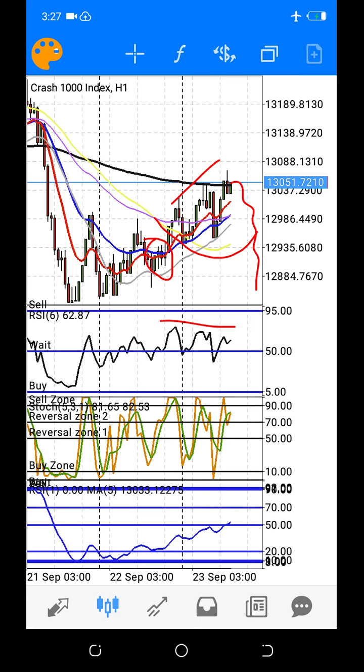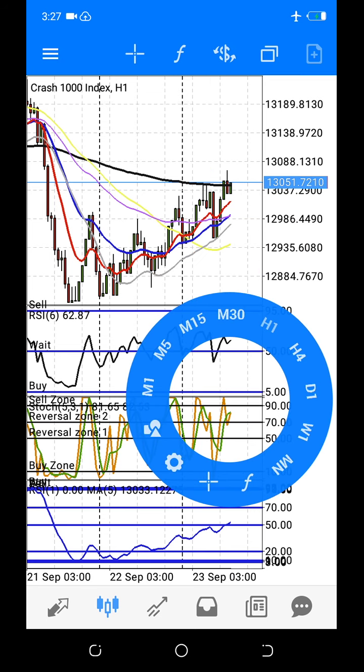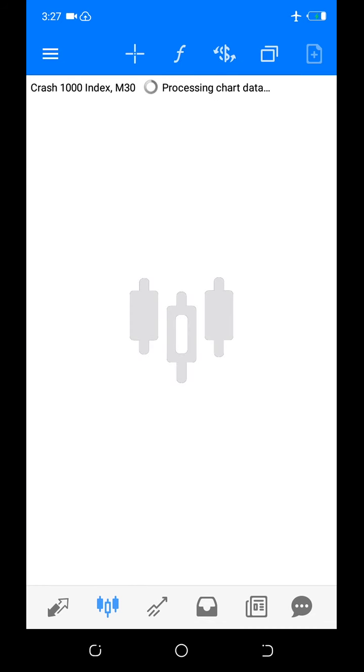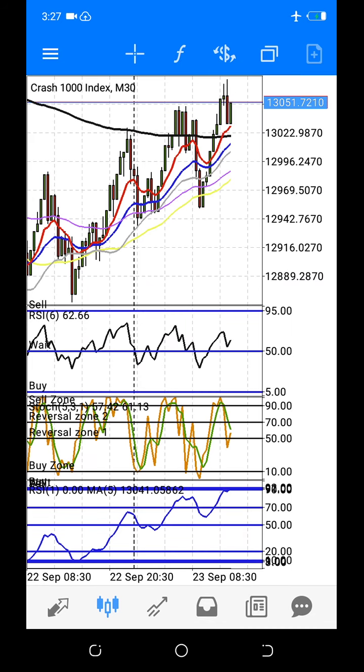First and foremost, when you have analyzed the major trend of the market using H1, you're trying to find the overall trend of that market, from what I've shown you. Now you go to the 30 minutes time frame. I hope this will show up. In the 30 minutes time frame, you still notice that the candles are above and the 48 yellow simple moving average is below, so it still signifies an uptrend push.